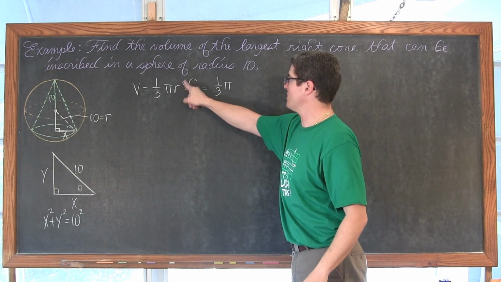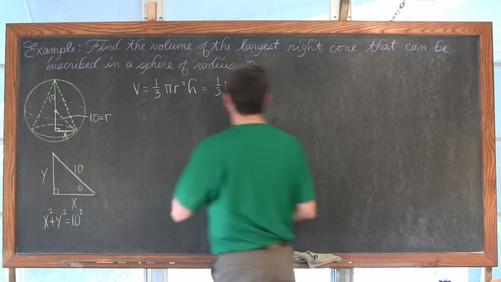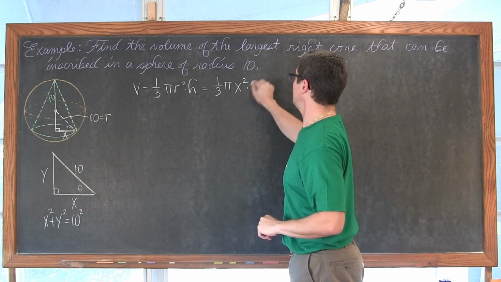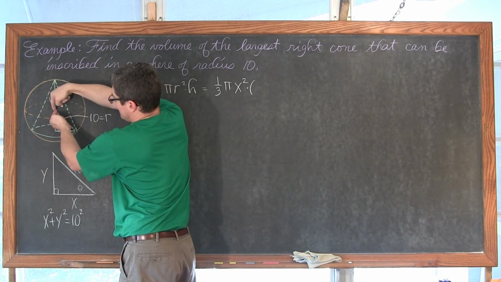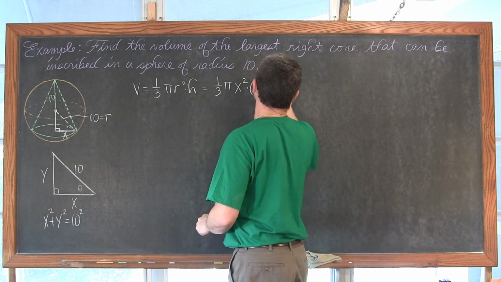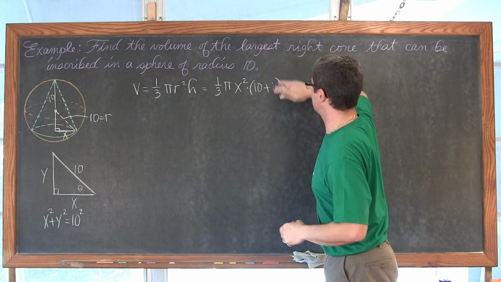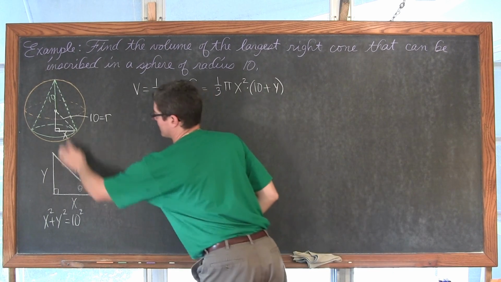So r squared is going to be x squared in my diagram here. And then the height of the cone is 10 plus y, not h, because this right triangle is right there.